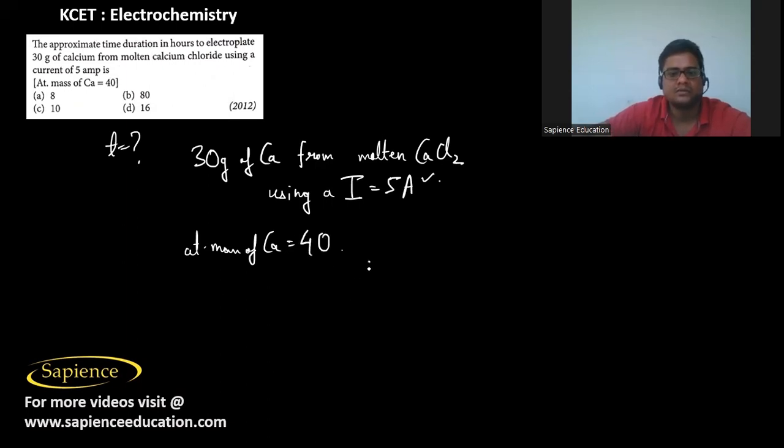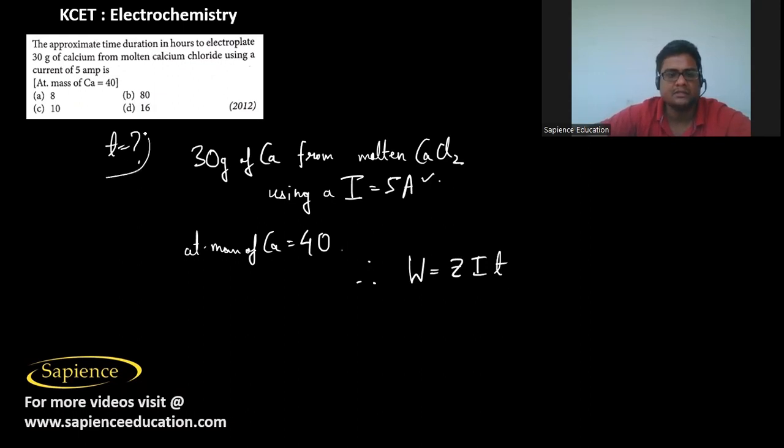So now, as we know, the weight of calcium that will be deposited at the cathode will be equal to ZIt, Z into I into t.